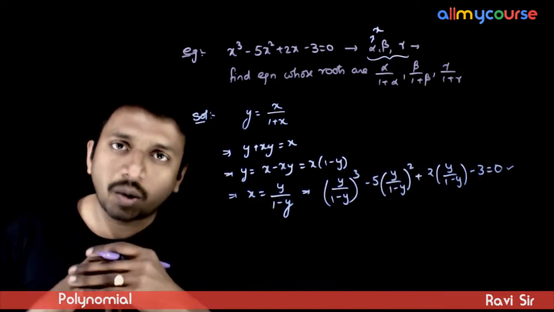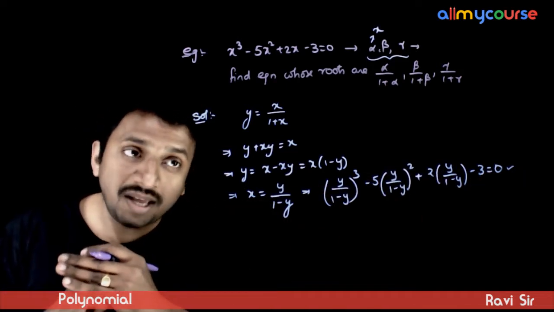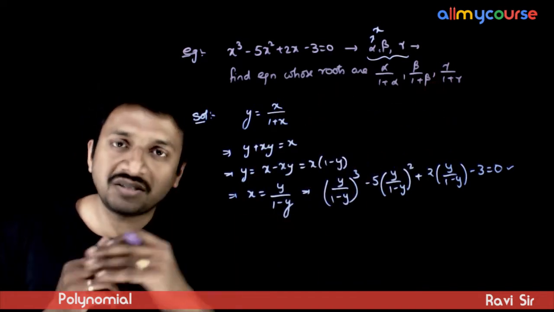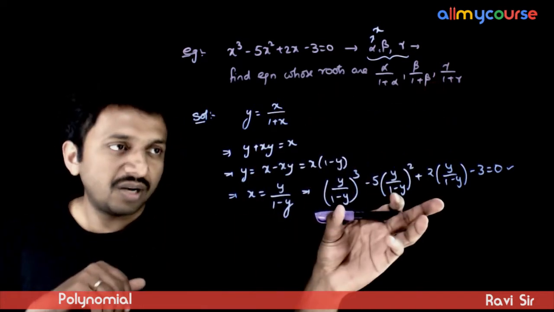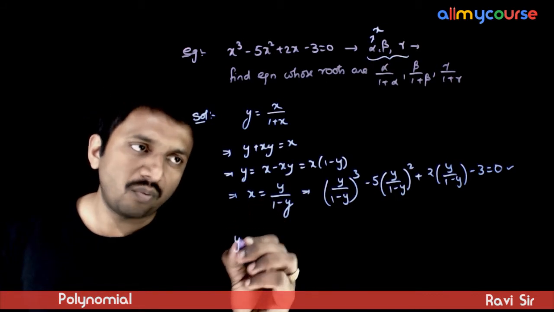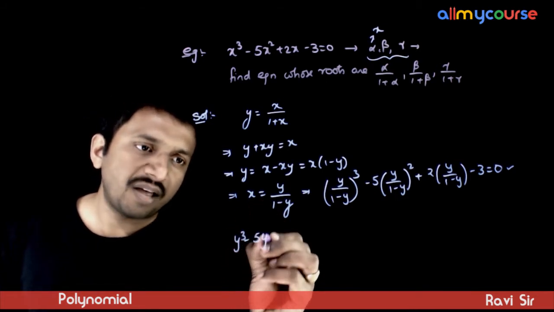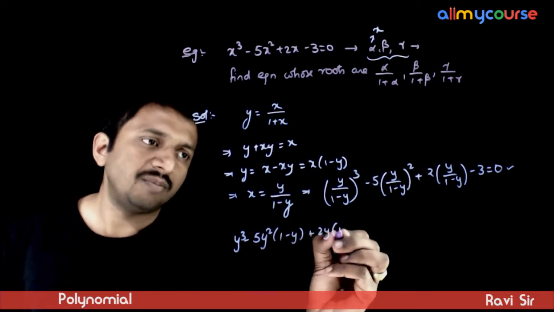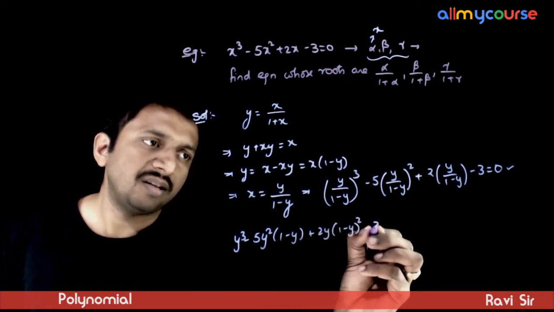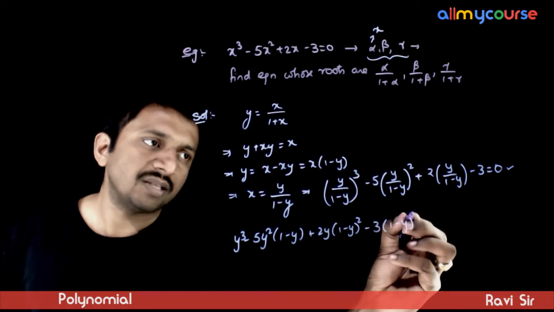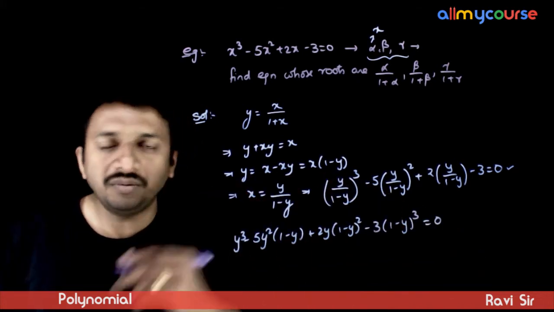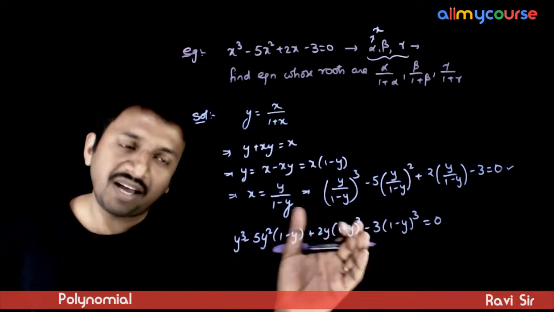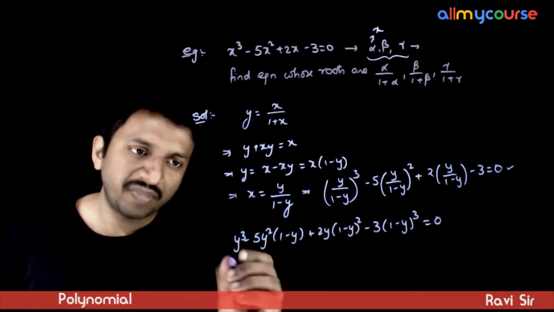So this is the required equation in y whose roots are these three. Now we just need to simplify. So let us take the LCM. So you get y cube minus 5y square times 1 minus y plus 2y times 1 minus y whole square minus 3 times 1 minus y whole cube is equal to 0. So you just need to simplify and collect the terms.